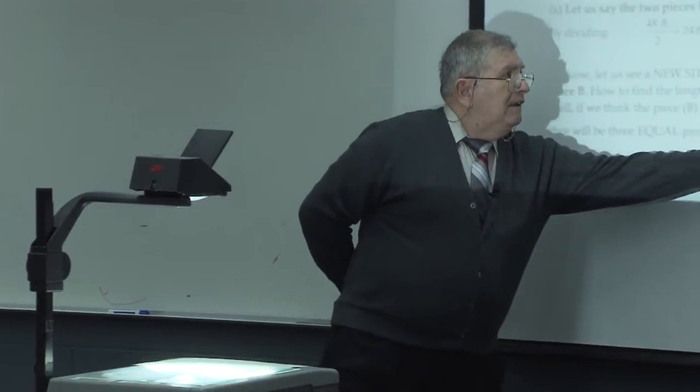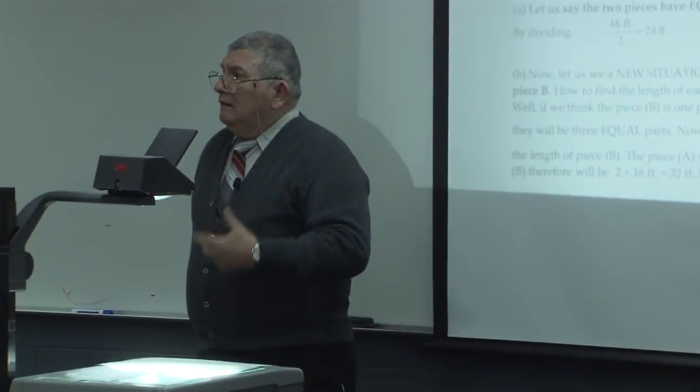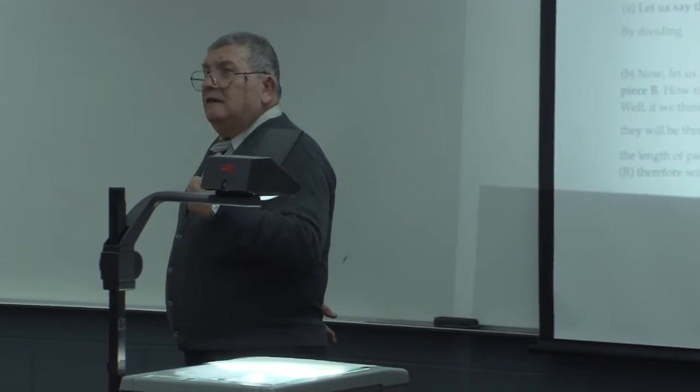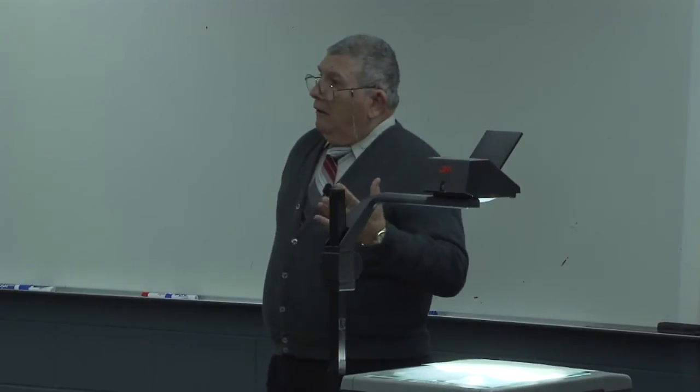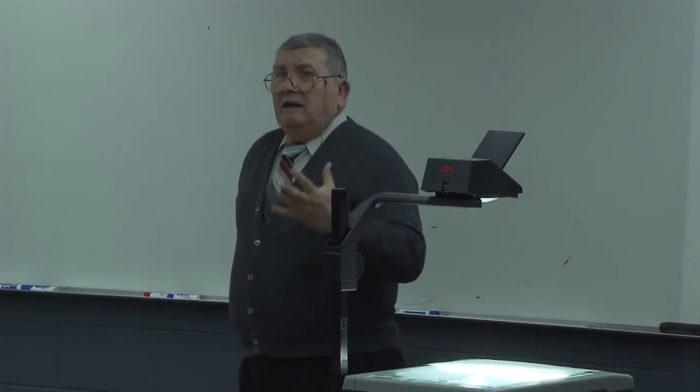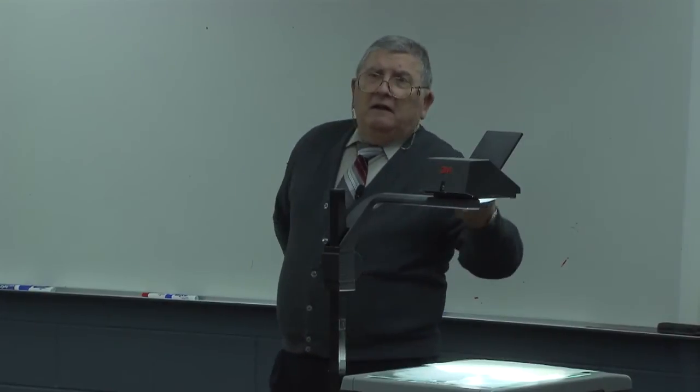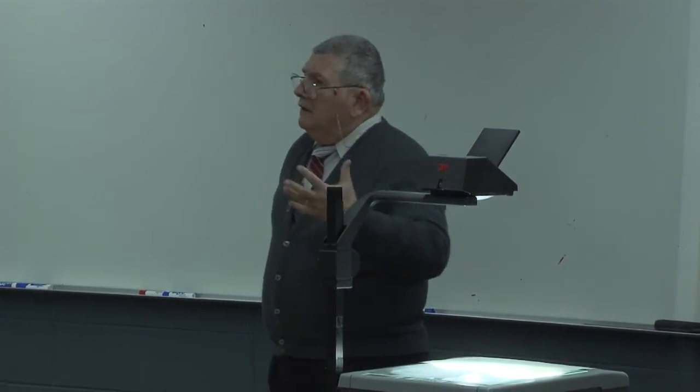So in total, 3 equal parts. So if we divide 48 by 3, 16, here is the length of the piece B. Why B? Because B is 1 part. And the length of the piece A is, of course, 16 times 2 is 32.